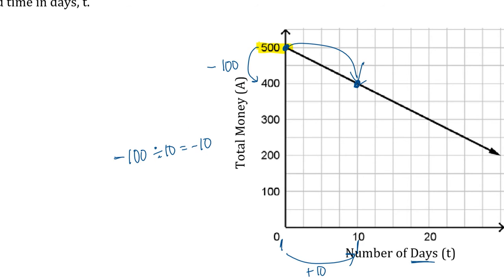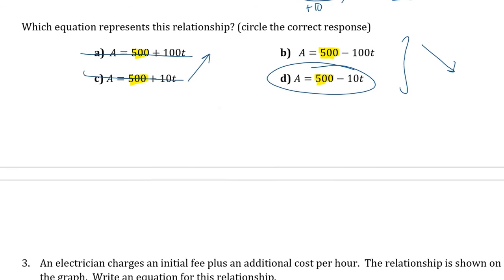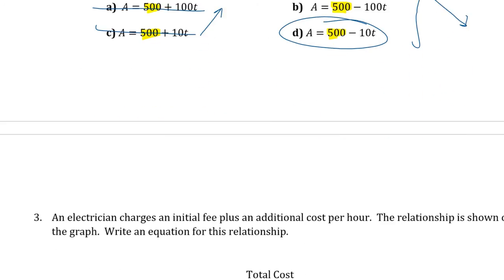But I think, at least for me, the easier way is just to remember, hey, this line's going down. So if I just do 100 divided by 10, I get 10, but I know it's got to be this one because this is the one going down. Okay, so that's another example of these kinds of questions, one with multiple choice. Let's go on.